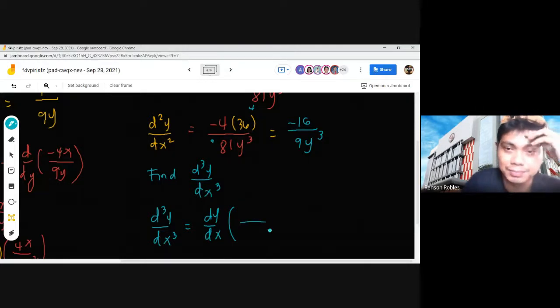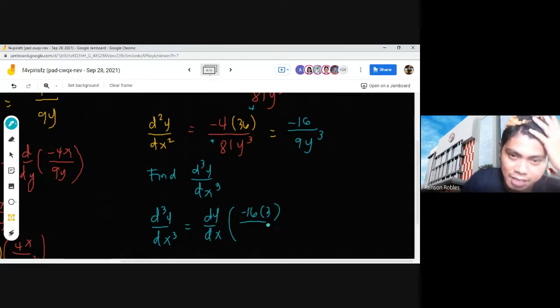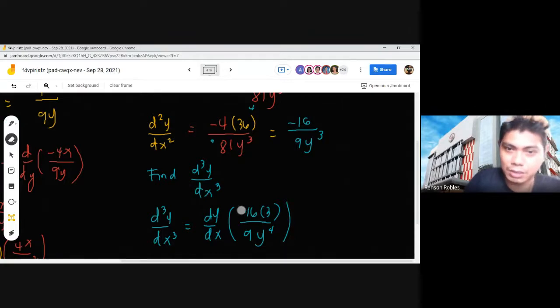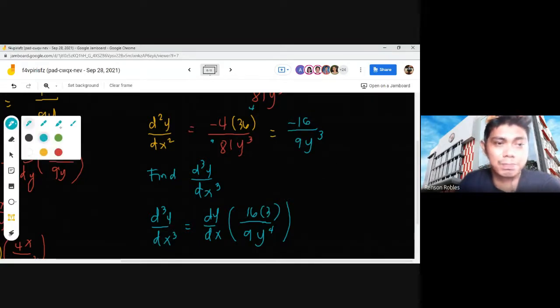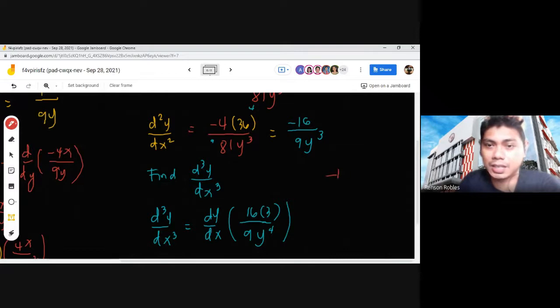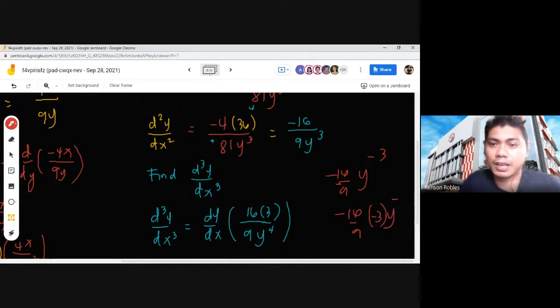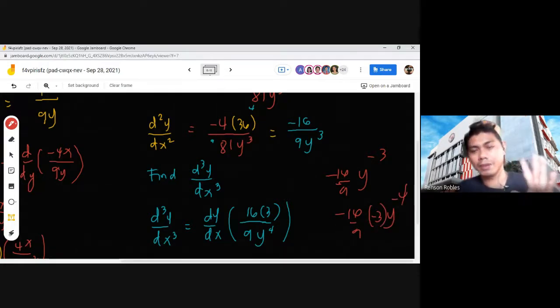That is negative 16 times 3. Minumultiply lang yan. Then over 9, y, and then you add 1, 4, and then do not forget to change the sign. Okay? Or pwede nyong itaas kung nalilito on that part. So, negative 16 over 9, y raised to negative 3. So, negative 16 over 9 times negative 3, y raised to negative 4. Right? Kaya that becomes positive.